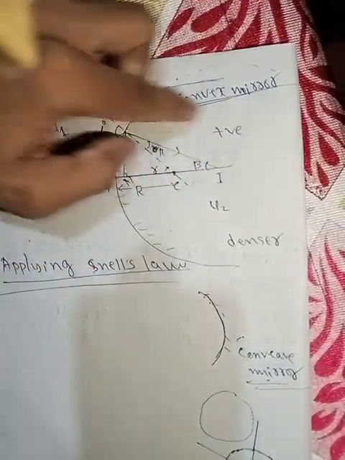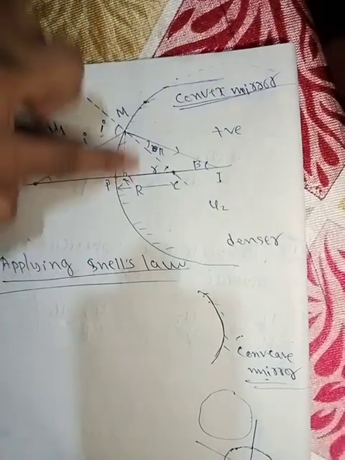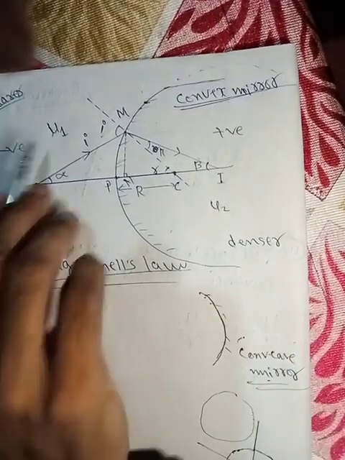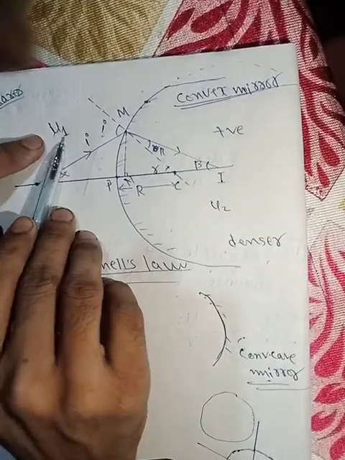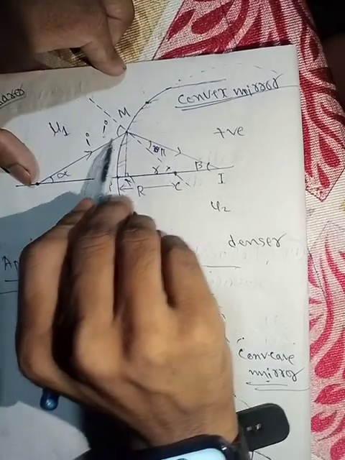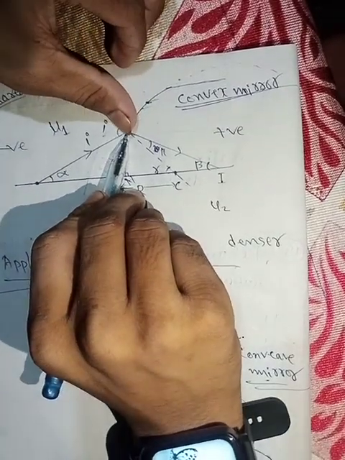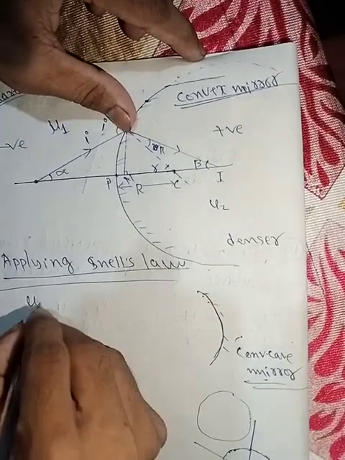So the denser medium is here and the rarer medium is there. I take mu1 here and mu2 there. When the ray goes to the point on the mirror, you can write here mu1.